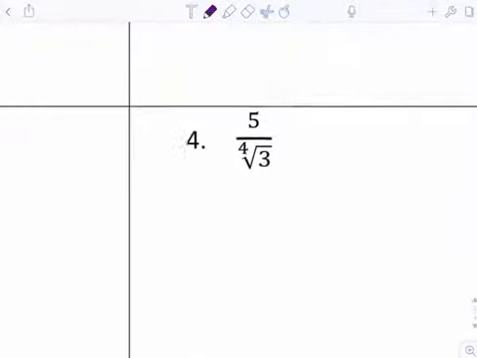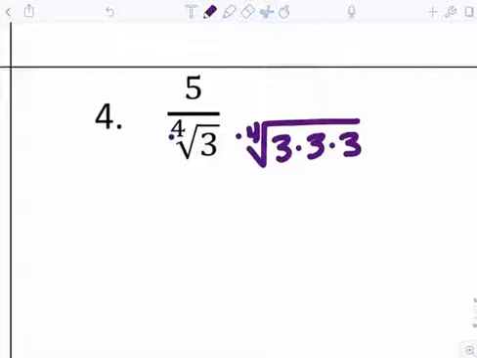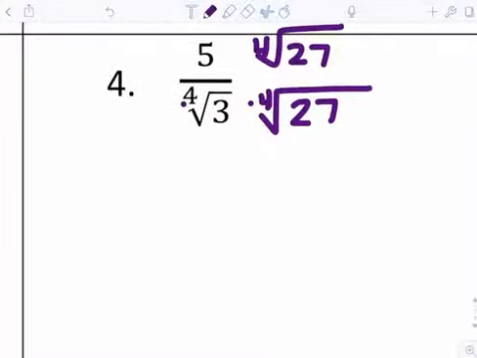So in 4, I have a 4th root. So I'm looking for 4 of the same number. Well, I have one 3, so I need 3 more 3's to create a perfect 4th power. We know that 3 times 3 times 3 is 27, so I have to multiply by the 4th root of 27 in the numerator and the denominator.